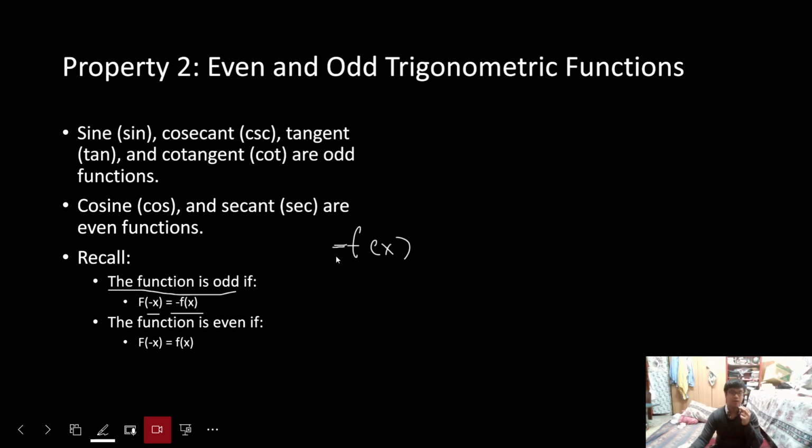Basically, when you see negative f of x, it means all terms change their sign, just like what we discussed in the earlier examples. Then the function is even if, when we substitute negative x into the function, it does not change.